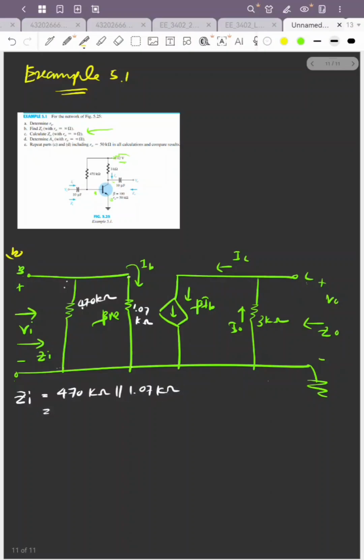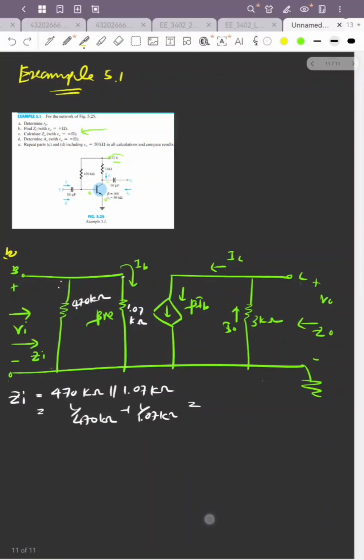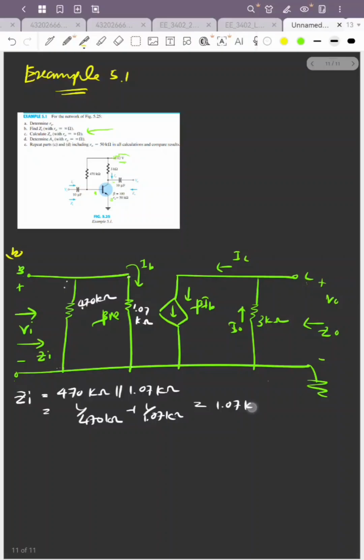So what is the answer for Zi? It will become 1.07 kilo ohm. So we found the Zi successfully. The next question, C, is asking to calculate ZO.